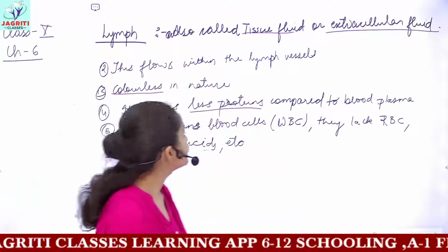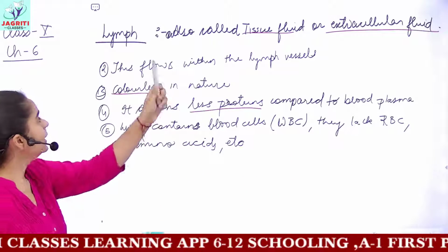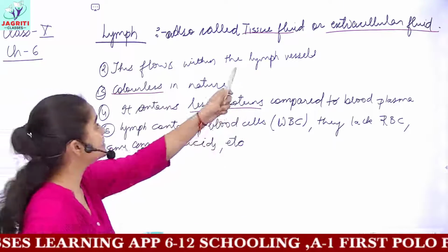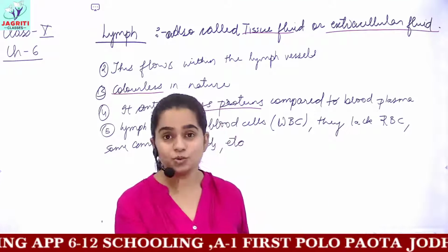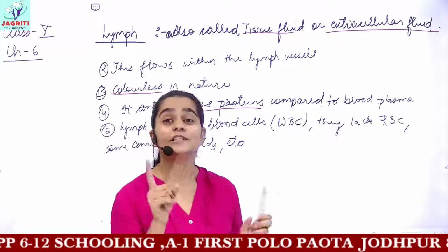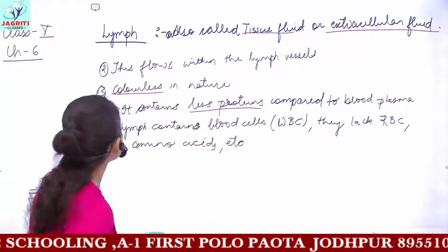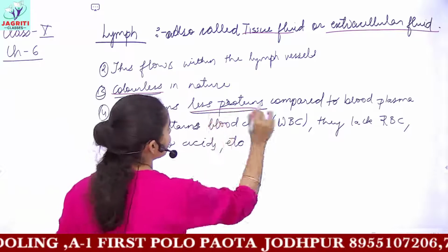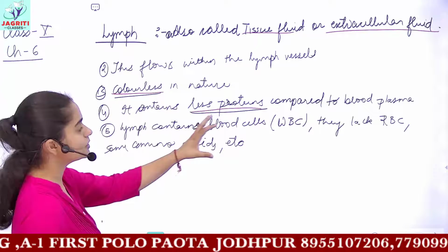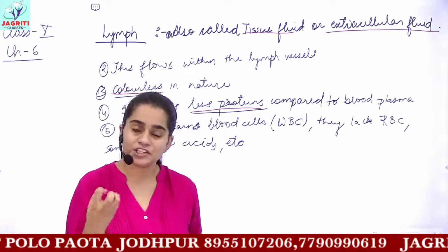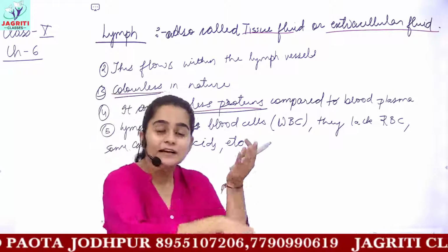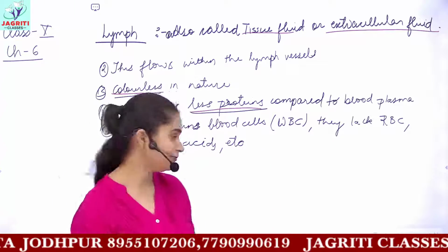Let's revise it. Lymph is tissue fluid, and this flows within the lymph vessels. These lymph vessels are present in the intercellular spaces of tissues. It is colorless and contains less protein. It contains blood cells like WBCs, because WBCs do not have any definite shape, so they easily filter out or release out from the pores of capillaries.